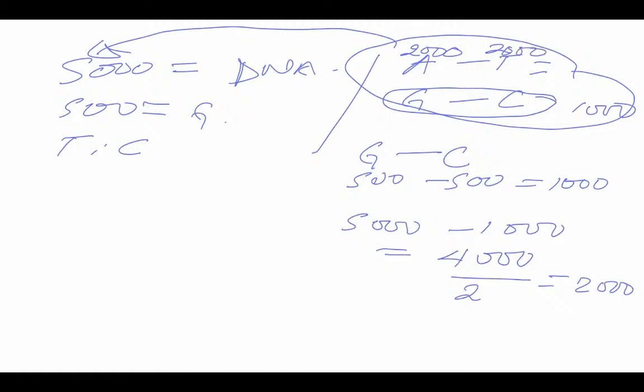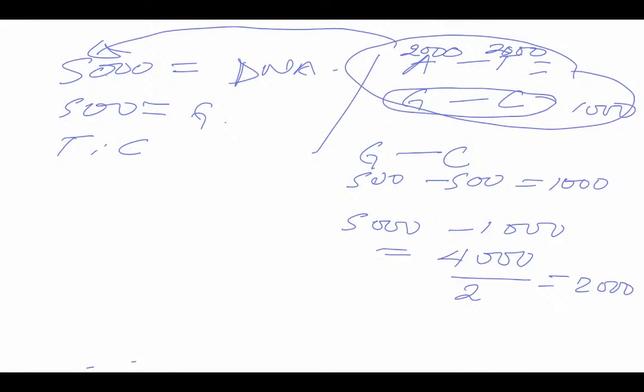So what does it mean? It means that if I add these, I must get 5,000, because guanine is 500, cytosine is 500, adenine is 2,000, and thymine is 2,000.